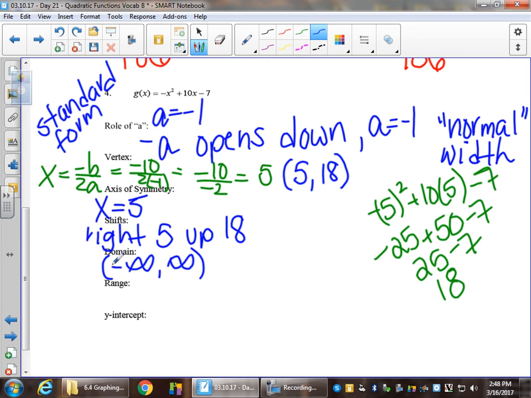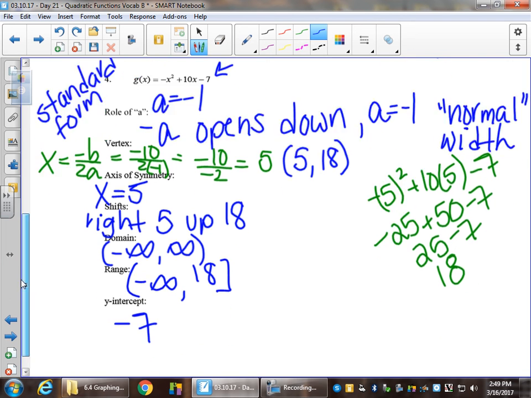Our A value is negative, therefore it's going to be in the form negative infinity, comma, y value. Y value is 18. And my y-intercept, when given in standard form, is just my c value. My c value is negative 7. And that concludes the notes from today.